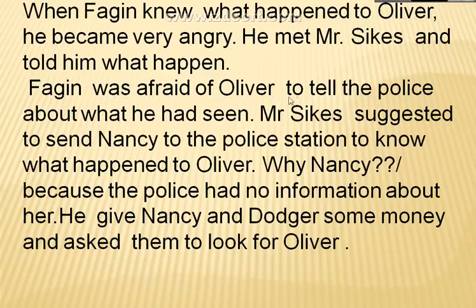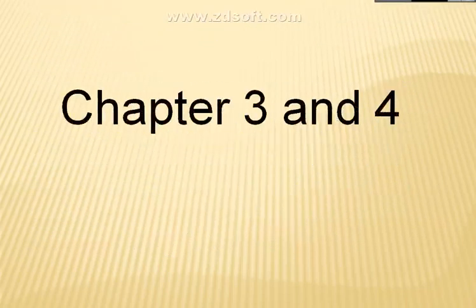Mr. Sykes suggested sending Nancy to the police station to know what happened to Oliver. Why Nancy? Because the police had no information about her. He gave Nancy and the Dodger some money and asked them to look for Oliver. This is some revision of Chapter 1 and 2.